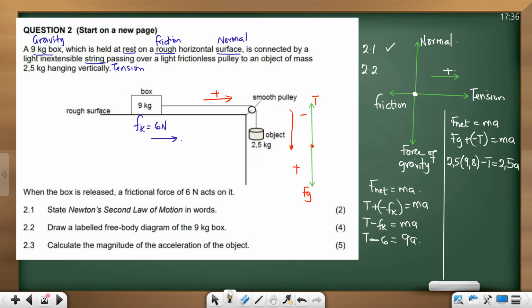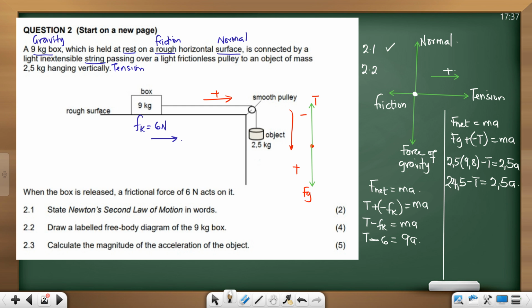I hope everybody's okay. Now, what is 2,5 times 9,8? You need to work with me and give me those answers as fast as possible. Sitley, your hand is raised. 24,5. Thank you. So 24,5 minus T equals 2,5a.